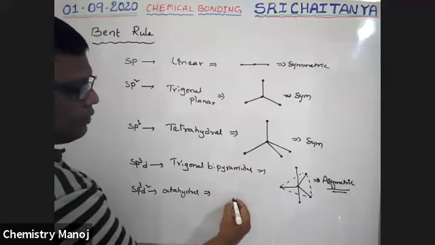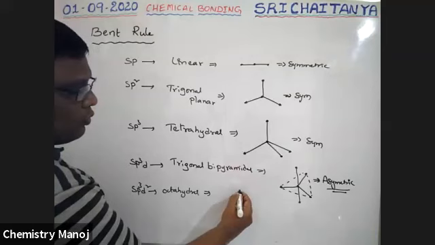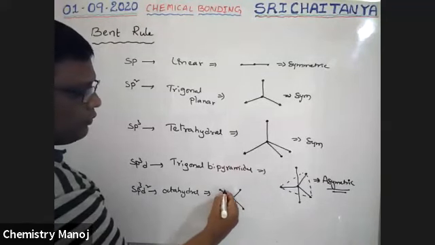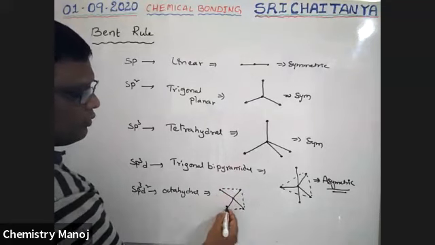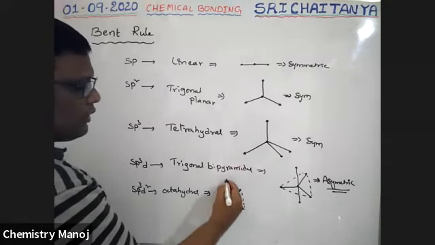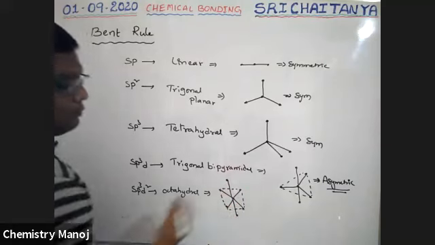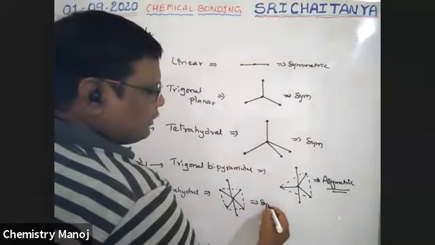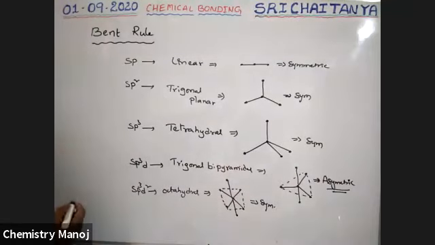Octahedral means there is a central atom, 1, 2, 3, 4 forming a square, 1 above, 1 below. So this is also symmetric.